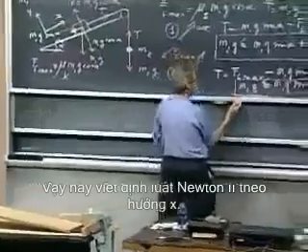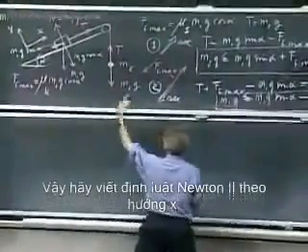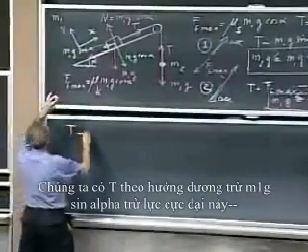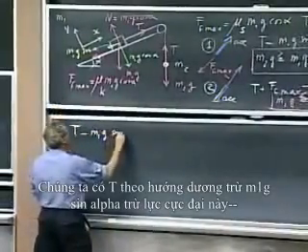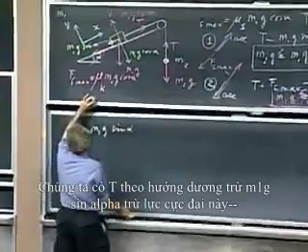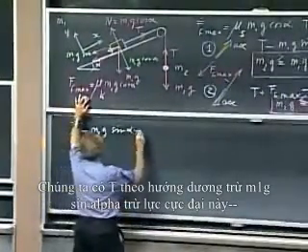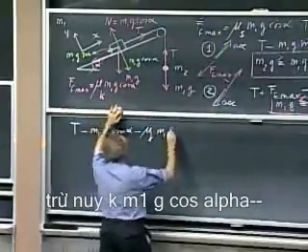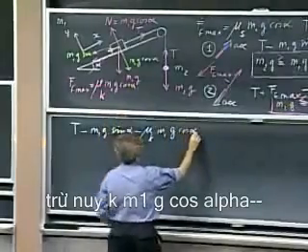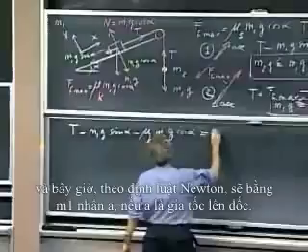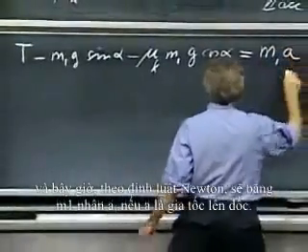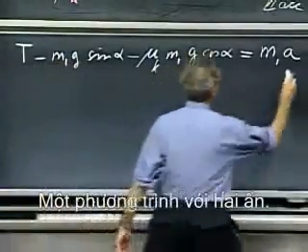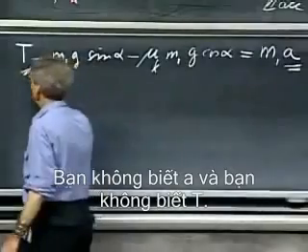So let's write down now Newton's second law in the x direction. We have T in the positive direction minus m1g sine alpha minus this maximum force, mu k m1 g cosine alpha. And that, according to Newton's law, must be m1 times a, if a is the acceleration uphill. One equation with two unknowns. You don't know a, and you don't know T.